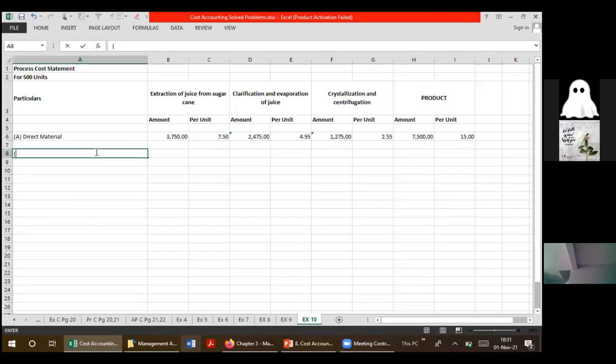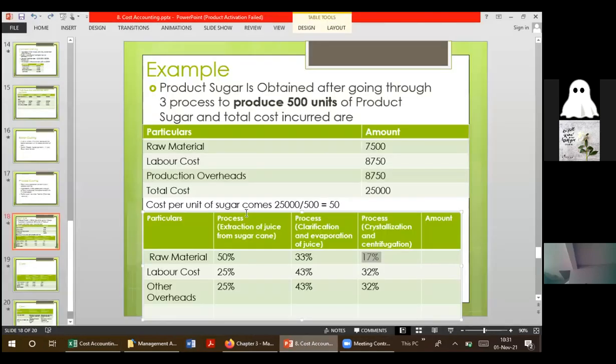Then we move to our second step of the cost sheet, that is direct labor. For direct labor, first we'll need the total labor cost.